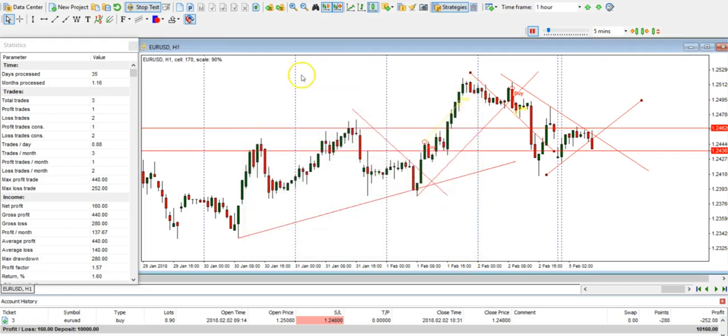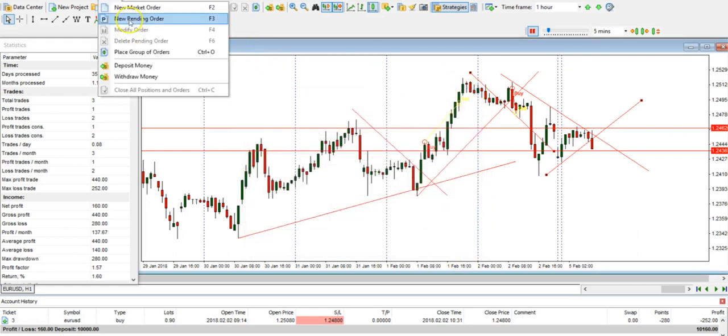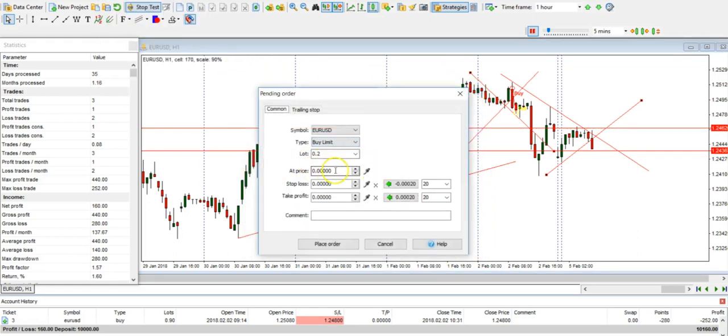Sorry, cancel that. Orders, new pending order. Okay, so at price 1.2436, stop loss is 1.2462, and take profit, we'll do that manually.